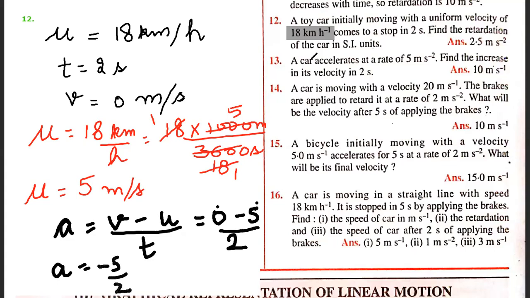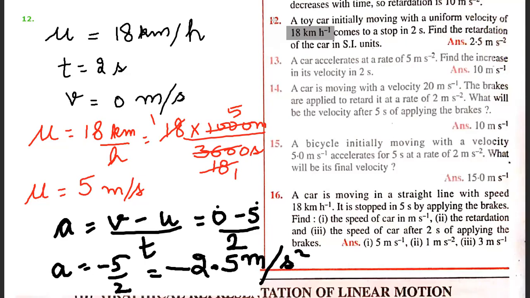So minus 5 by 2, which can be written as minus 2.5 meter per second square. So acceleration comes out to be minus 2.5 meter per second square.